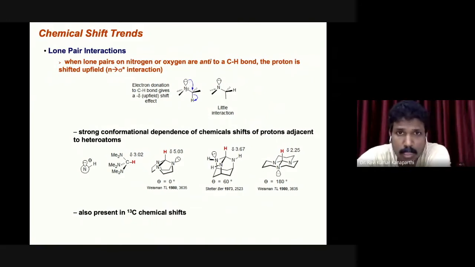If a nitrogen is present, we know that one lone pair of electrons is there, and if the CH bond is anti to the heteroatom lone pair, then this particular CH proton will be found in the upfield region. That means we will encounter a small chemical shift value.